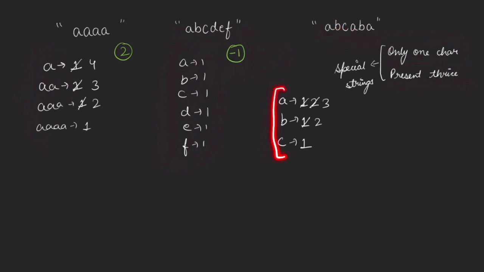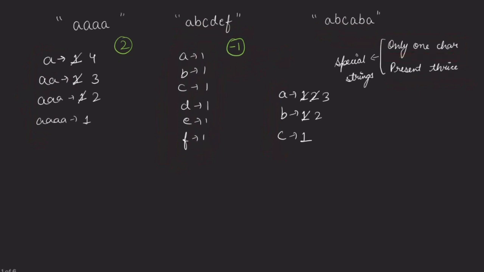So these are the only possible substrings which have only one distinct type of character. Now out of these 3, which are present thrice? It is only A whose length is 1. So in this particular case, our answer will be 1. So this is what we are asked to do.